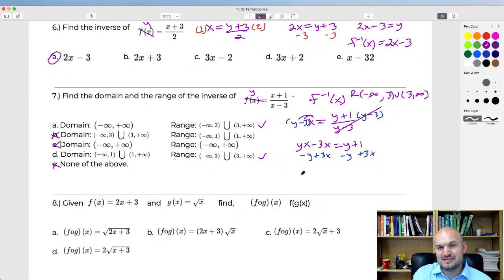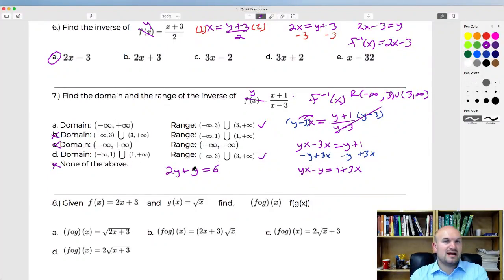I'm skipping some steps here to make sure I have enough room to work everything out. So now I have xy minus y is equal to 1 plus 3x. Now again, you can't combine like terms here. I think it's a good example to consider 2y plus y is equal to 6.